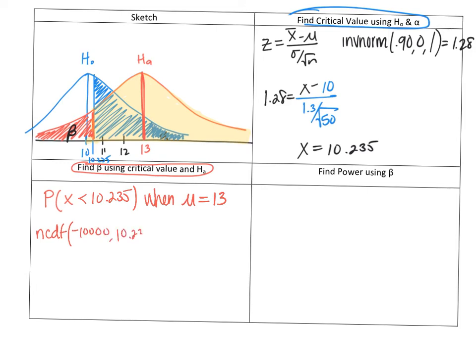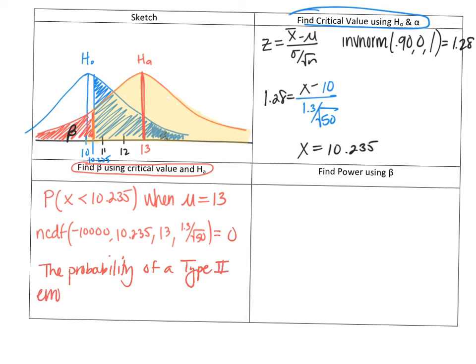Upper bound 10.235. Mean is 13, and standard deviation is 1.3 over square root of 50. Okay, and this is approximately 0. So the probability of a type 2 error is approximately 0.